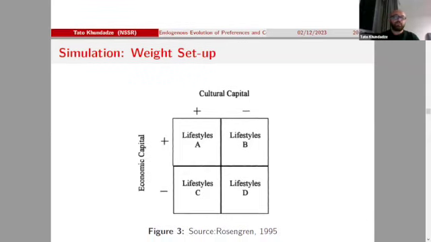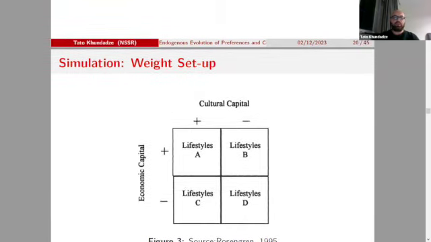So Bourdieu provides basically a simplified version of two different axes. One is economic capital, and the other is cultural capital. So we basically have 4 different sorts of agents.